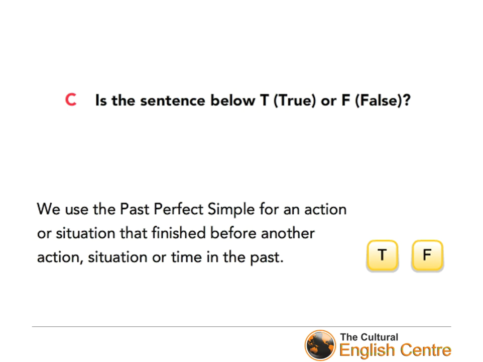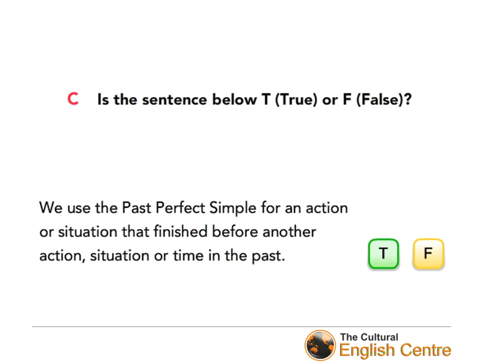Is the sentence in exercise C true or false? We use the past perfect simple for an action or situation that finished before another action, situation, or time in the past. And I'm sure you know that, of course, it's true.